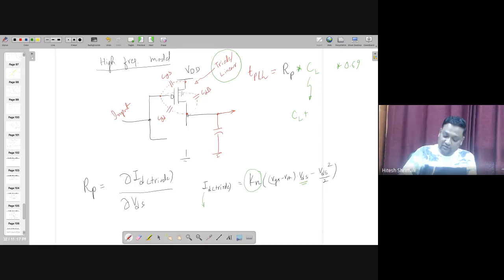So there is one more, gate to body, known as CGB, which is actually COX capacitance, by the way. Okay. So CL plus CDB plus CGD. Rest of the capacitances are not coming into the picture right now. So this will be the total capacitance, and propagation delay going from low to high will be that much.